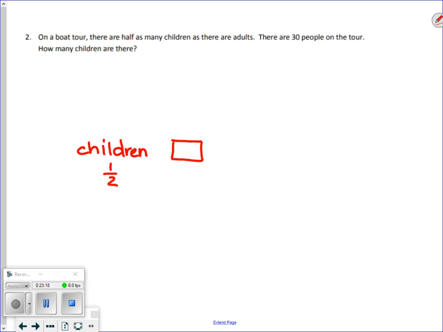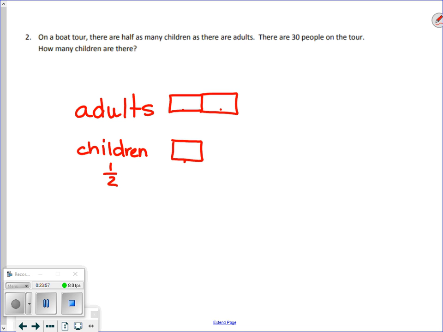It's like the boys and girls in the class, out of how many kids there were in that class? 35 kids. Okay, so then we do the adults. 1 is half of what number? 2. There were half as many children as there are adults.